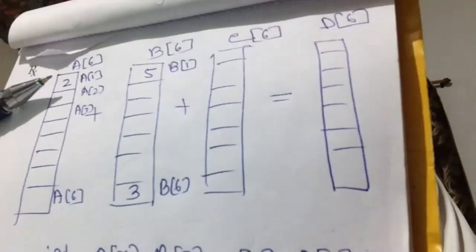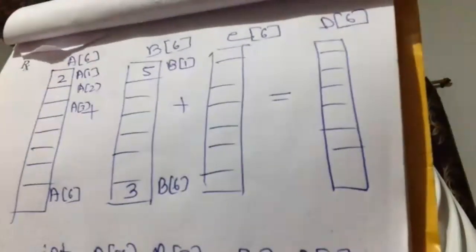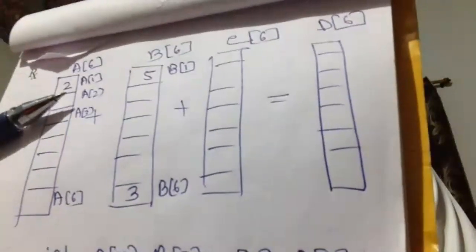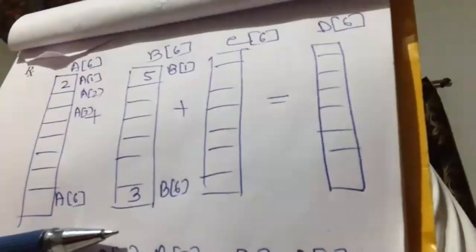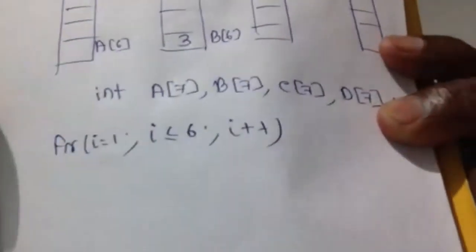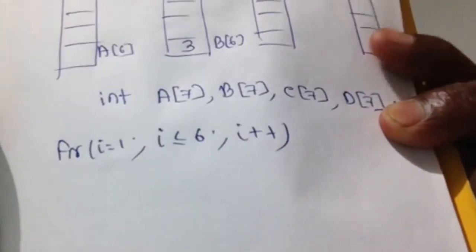Okay. 3 with 2, you can add 3 plus 2. For that purpose, you have to find the address. So 3 is available where? B6. So it will be B6 plus A1. Means you have to write like this. Is it visible? Here.